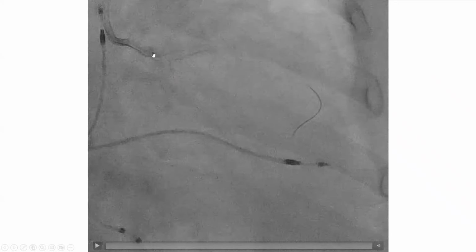So if you encounter difficulty advancing a balloon, before attributing that to the tightness or the calcification of the lesion, think maybe my wire is behind the stent struts and rewire.